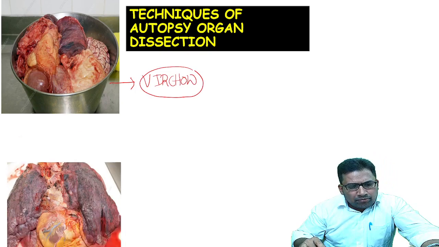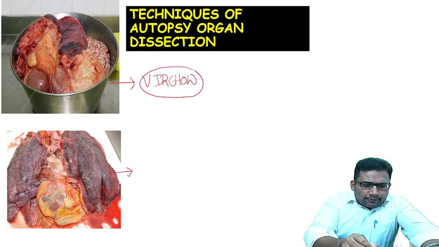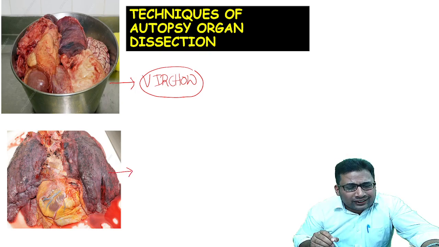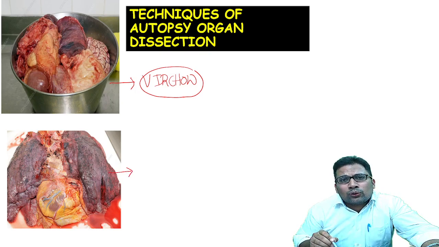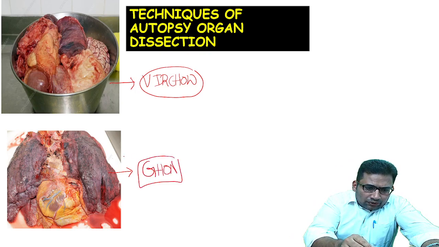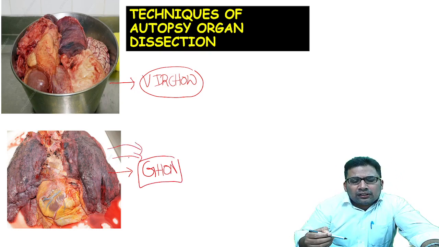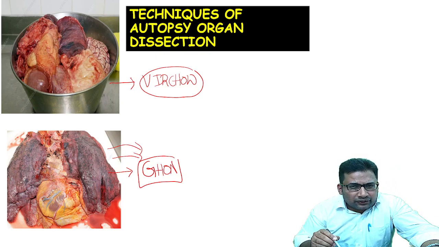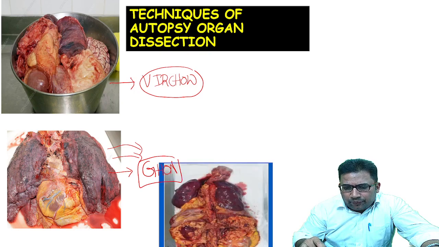The second method, where organs are removed in blocks like cervicothoracic block, abdominal block, pelvic block, is known as the Gone technique. You can see here the heart, lung and thoracic structures as a cervicothoracic block.